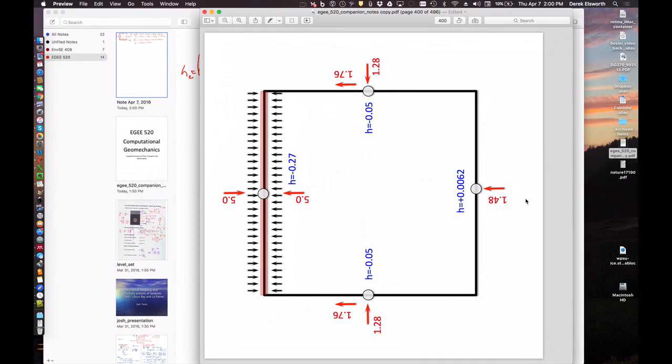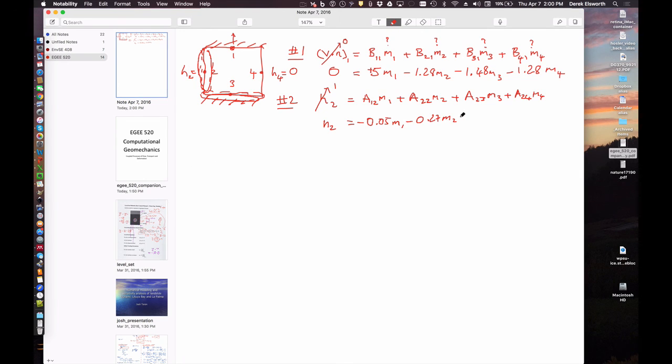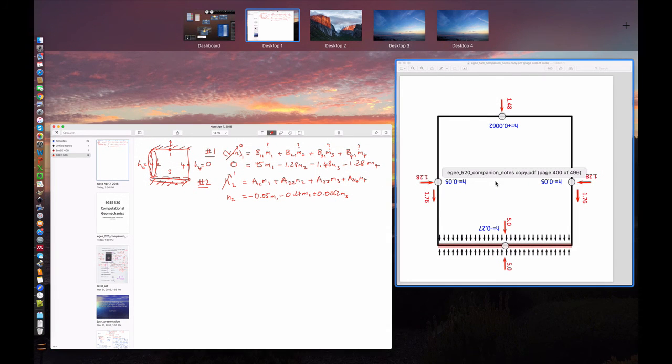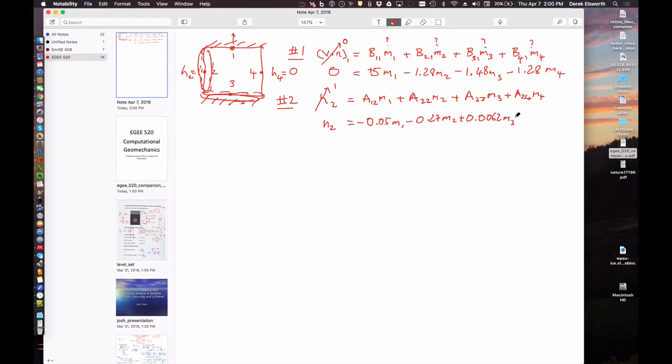And that would be plus 0.0062 times M3. And then the final one is we put it here, and its influence is minus 0.05 times M4. And so we know that this is equal to 1. Again, we know all these coefficients, but we don't know exactly what these are.